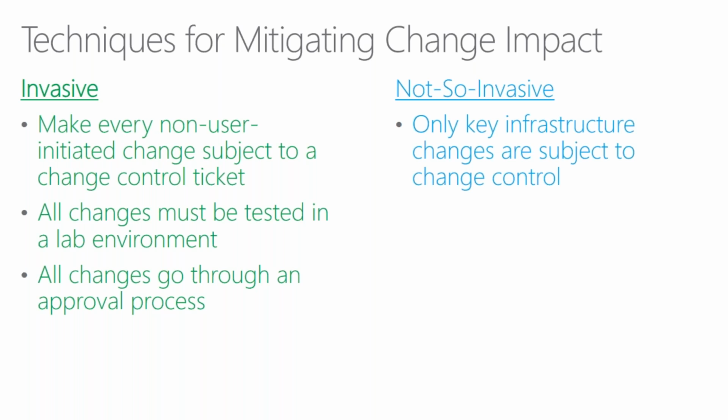Anytime you're doing something that could impact the health and stability of AD, whether it's running an automated script to update 1,000 objects, making a GPO change, or doing a domain functional level update or a schema update, all of those things should be subject to your normal change control procedures, which often include many of those items I listed on the left. So, testing in a pre-production environment, having an approval process, having a change ticket, etc.